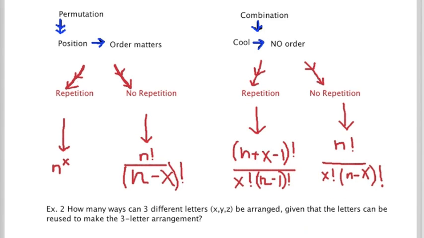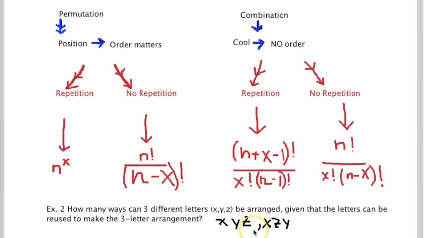But the first thing we need to ask ourselves is, does the order matter? So in this case, is X, Y, Z the same thing as X, Z, Y? No, it's not. They are different combinations of letters, right? It just said how many ways we can rearrange the letters. It never said whether or not we should repeat.